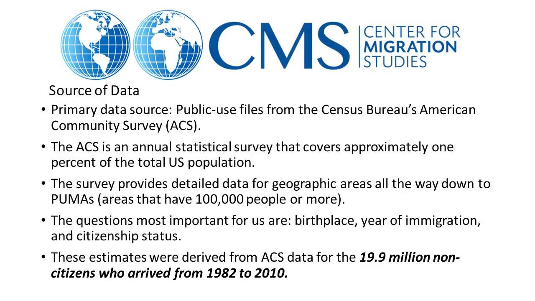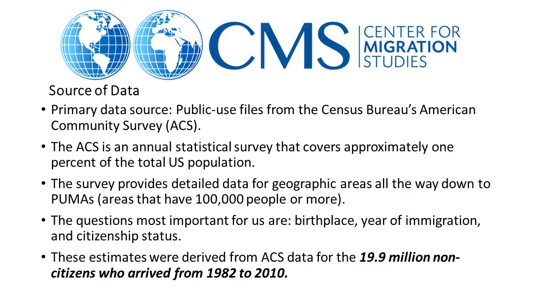To give you the broadest overview of the methodology, what we did was we examined every individual response to the survey, which covers basically about 3 million people. We used the techniques that I'll describe to sort out who the unauthorized residents are. And we were successful in more than 90% of the time.